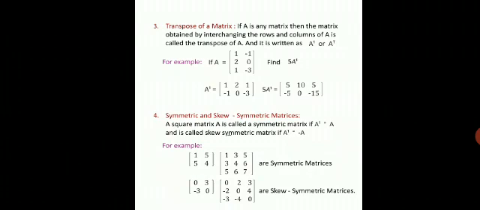The first row, first column will be the same. Check the matrix. Similarly, in the second example, 1 3 5 3 4 6 5 6 7, after interchanging we are going to get the same matrix. Hence, it is a symmetric matrix.